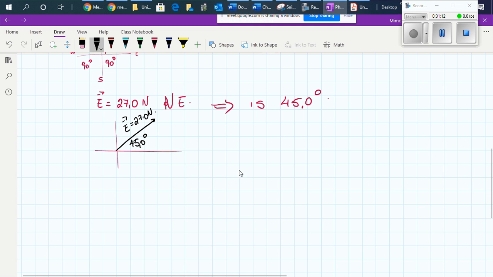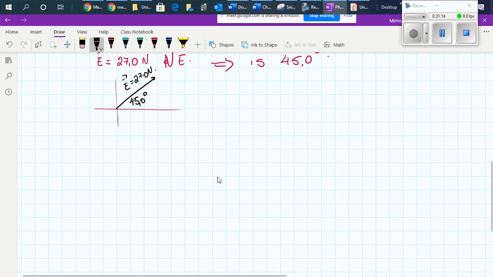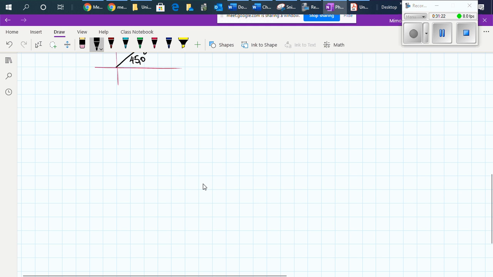Another case where we do not mention the angle is when it is due to one of the axes. So if we have a vector F with magnitude of 35 newtons, and then we say due south, then the way that we represent this vector is a vector that is straight south. So it's a vector that goes like this.